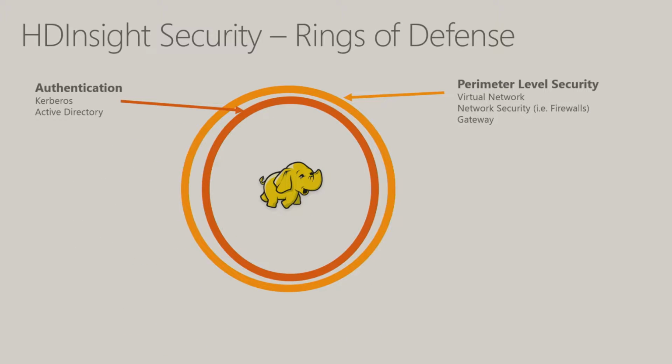The second one is multi-user authentication. Now, in the demo which we saw just a few minutes ago, I logged into the HD Insight cluster using the admin credentials, right? And those admin credentials, I had supplied when I created the cluster. Now let's take Sameer's example again.